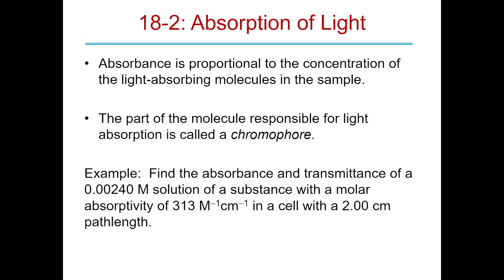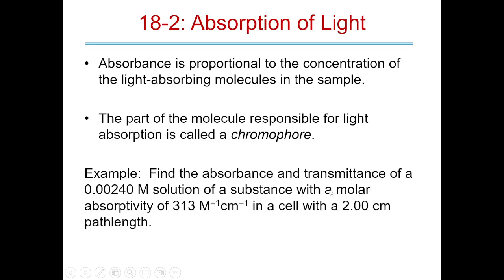Okay. The example here would be finding the absorbance and transmittance of a 0.00240 molarity solution of a substance with a molar absorptivity of this right here in a cell with 2 centimeter path length. So what would you do? You take this, multiply it by the absorptivity, molar absorptivity being the same thing as extinction coefficient.